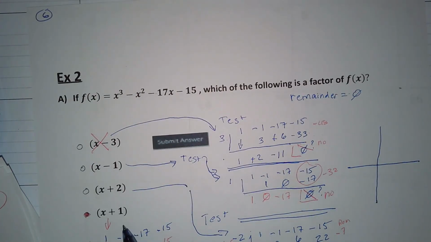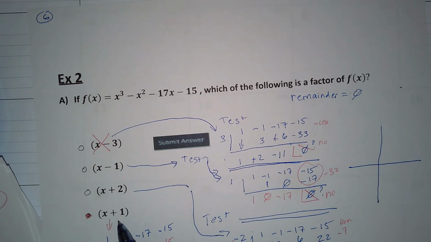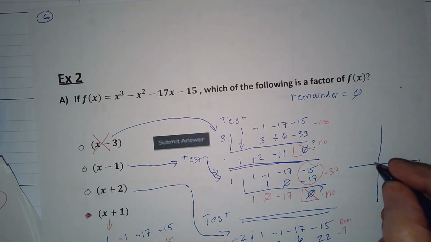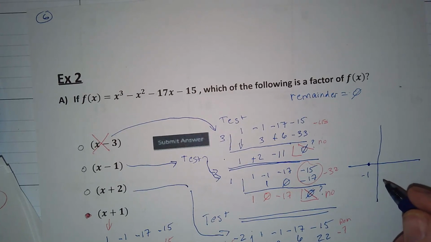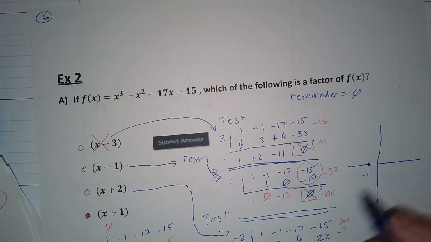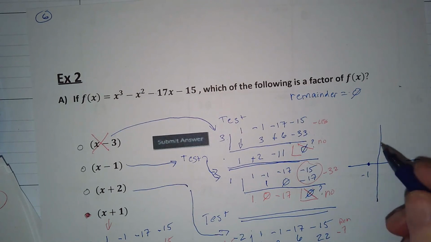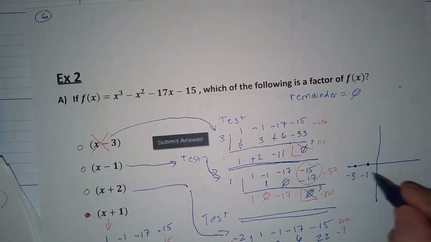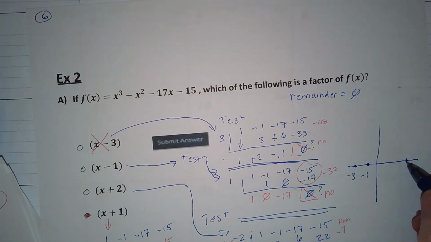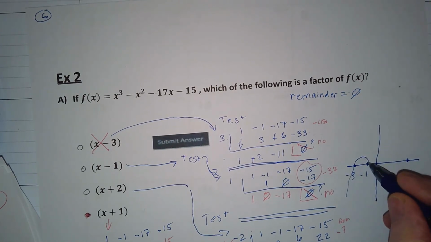If you were to graph it, x plus 1 means your solution would be negative 1. So here at negative 1, you would have a solution running through there. And if you took the rest of this and figured it out, you would have something like negative 3, negative 1, and 5, and your graph would go like this.